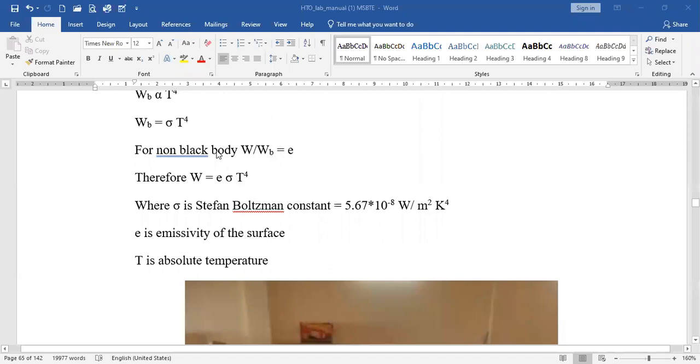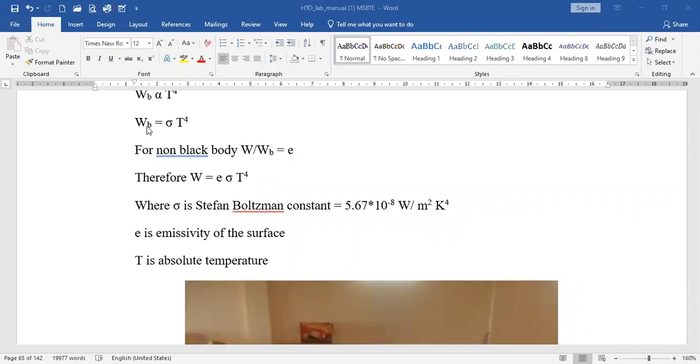So with the help of this relation and Kirchhoff's law, we can put this value of Kirchhoff's law in this equation, and we get W equal to WB multiplied by e.